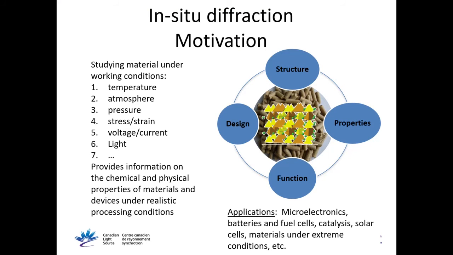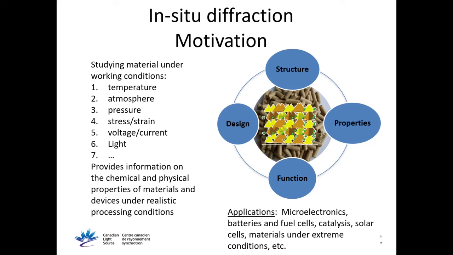So in-situ X-ray diffraction, and in general in-situ experiments, is when we do our experiment, whether it's diffraction or absorption or anything else, but also controlling a sample environment, whether it's the temperature or a gas atmosphere or a pressure. Sometimes we apply a voltage if it's a battery.